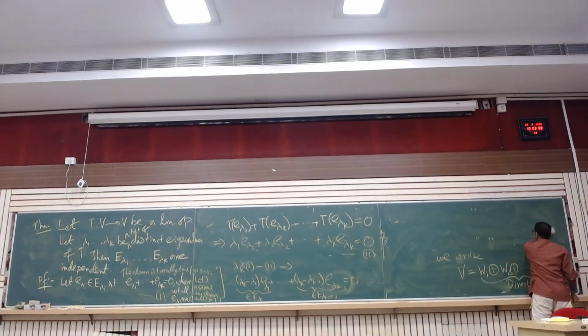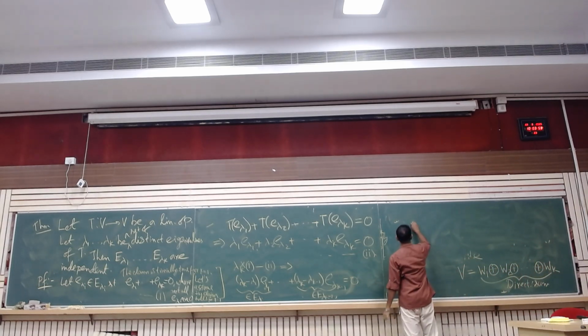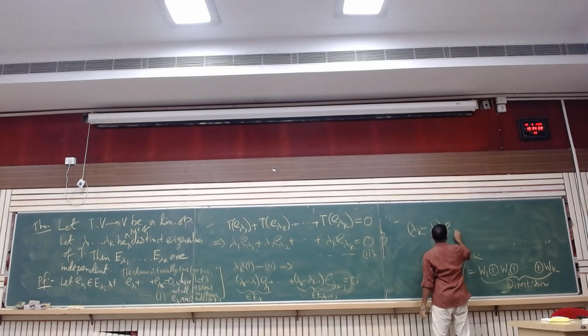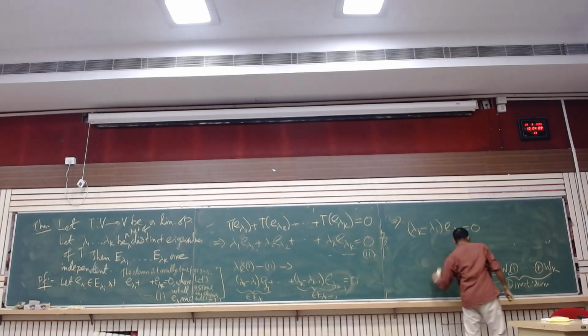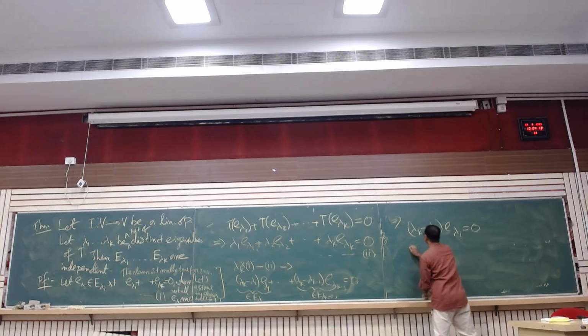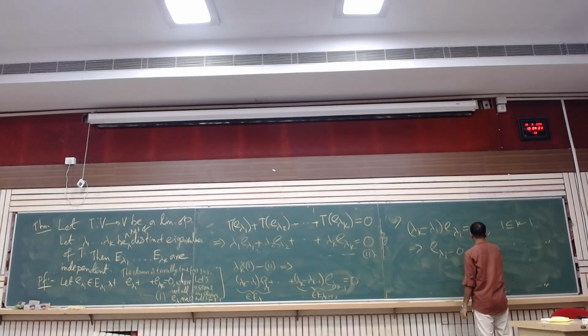That gives lambda k minus lambda i times E lambda i equal to 0, for all i less than or equal to k minus 1.